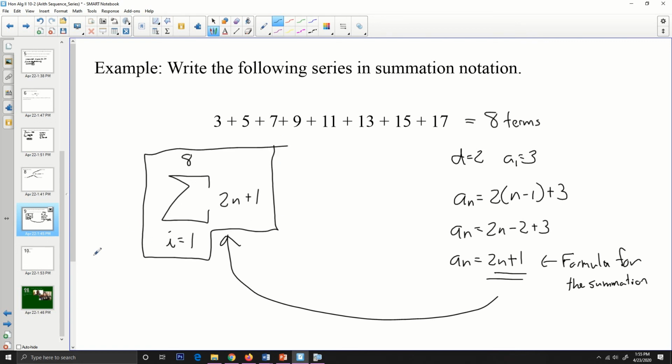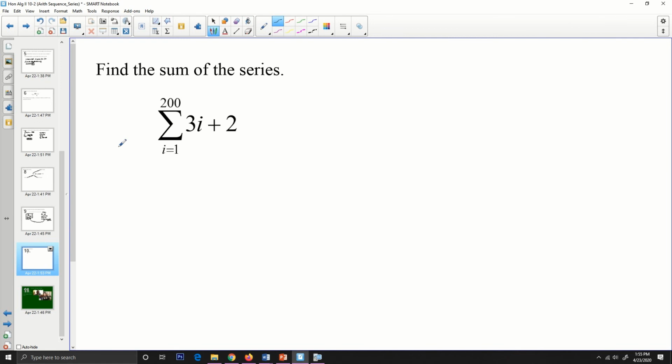Finally, it says find the sum of this series. Okay, well, clearly, since the formula is linear, the series must be arithmetic.